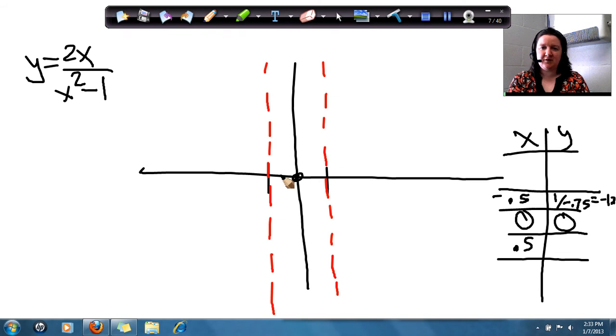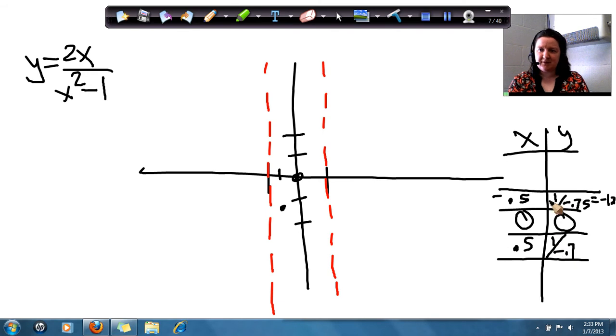So if we go to negative 0.5, we have a negative 1/3, so it'll be down there. Let's plug a positive 0.5 through it, and that's going to be 2 times 0.5, which will give me 1. And then I have 0.5 squared minus 1 again, so I'm going to have a negative 0.75.